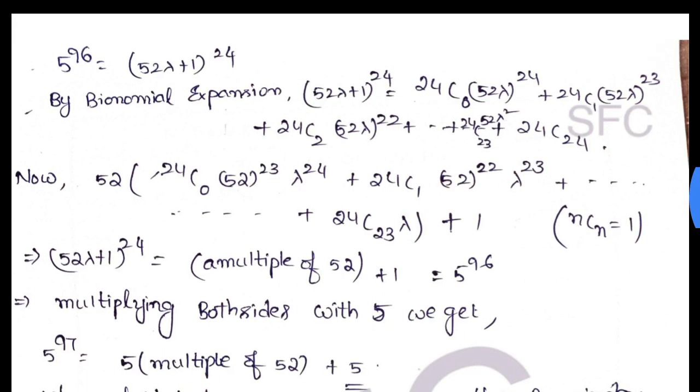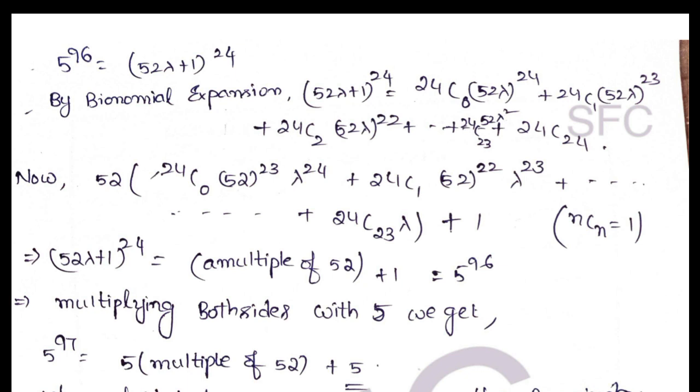Now taking 52 as common from this expression, we get 52 into [24C0 52 power 23 lambda power 24 plus 24C1 52 power 22 lambda power 23, and so on, up to 24C23 lambda] plus 1.